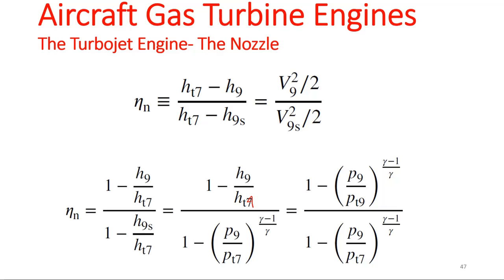That was the definition of a total condition. So we can use the isentropic relationships for the same station when we go from the static to the total. So we're going to replace H9 over HT9 by P9 divided by PT9 to the power gamma minus 1 over gamma, which is the isentropic relationship you have.